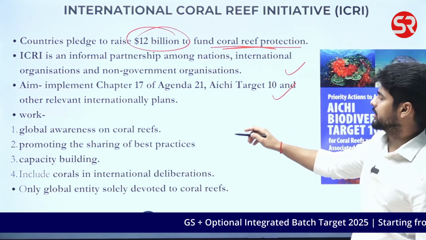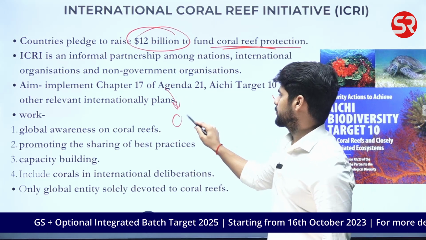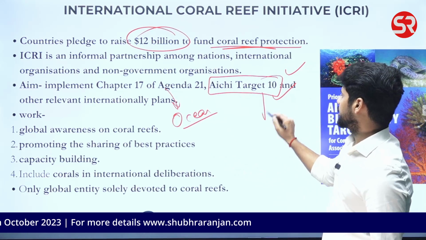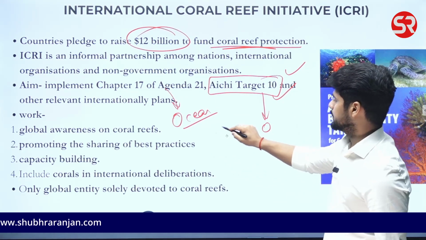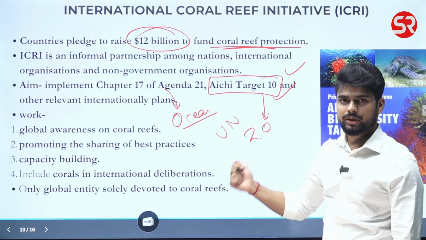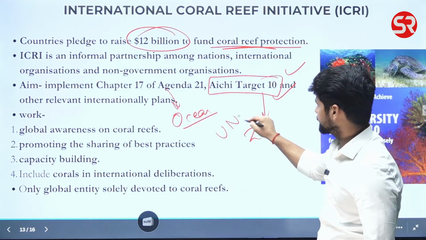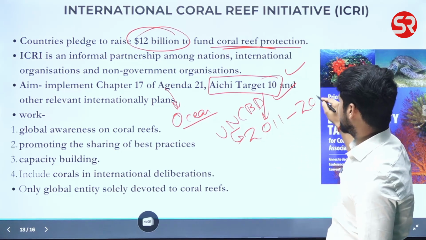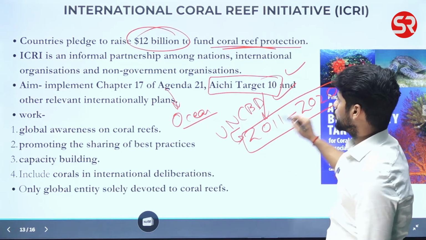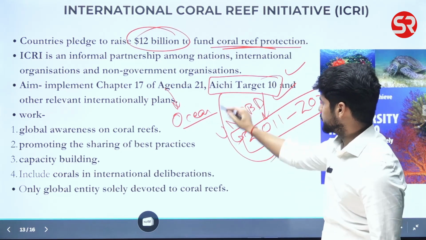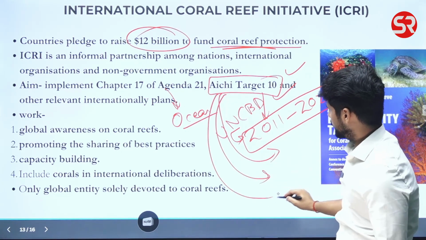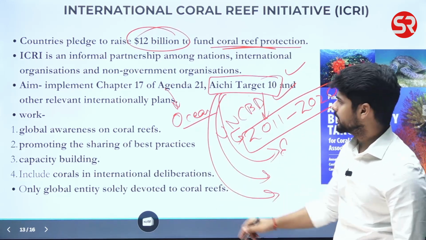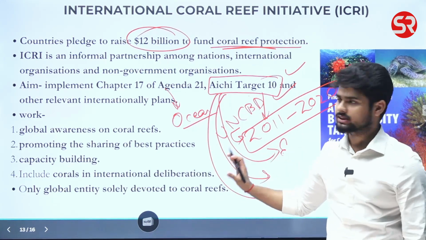Chapter 17 is again related to your oceans. And Aichi target 10 is again related to your 10-year plan. It was actually UNCBD's, a UN convention to conserve biodiversity. They made a plan for the phase from 2011 to 2020, with different targets in it, and one of them, especially target 10 which was in the previous slide, is related to the oceans and corals.